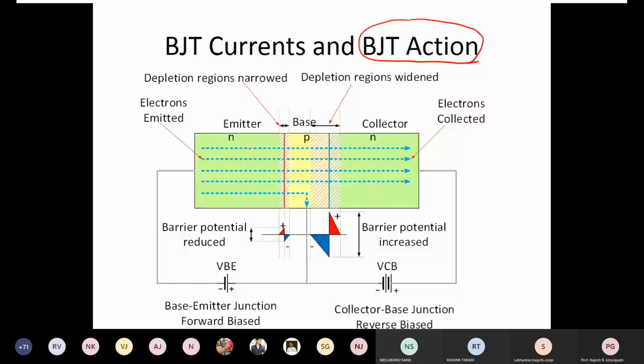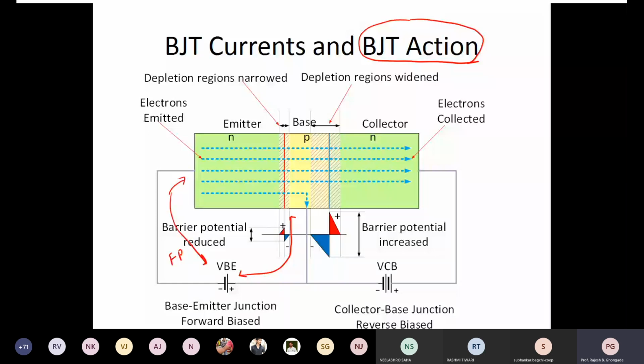The positive terminal to P and negative terminal to N. As you can see here, the positive of the battery is connected to the P type base, and the negative of the battery is connected to the emitter. So what we have is a forward bias.